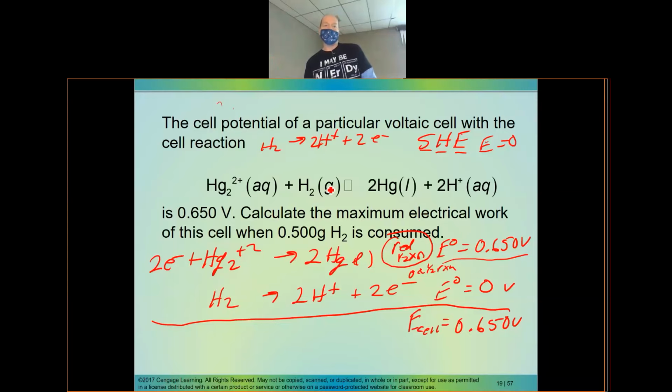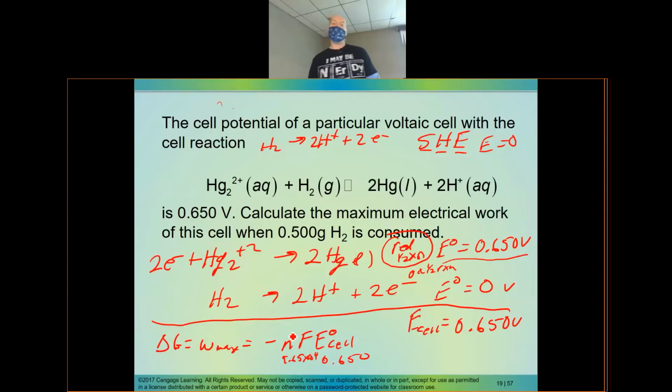All right, so we want the maximum work. That's delta G, and that's equal to work max, and that's equal to negative nFE naught cell. So you simply put in your 0.650. You put in your Faraday's constant, 9.65 times 10 to the fourth.